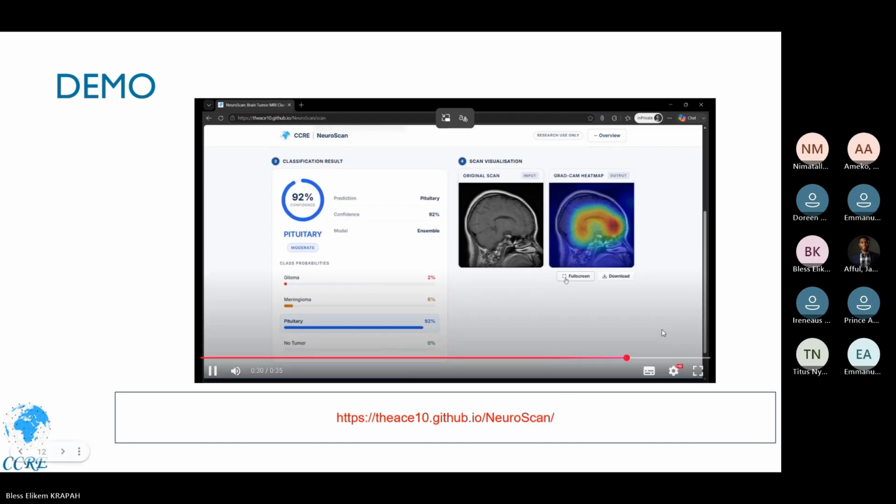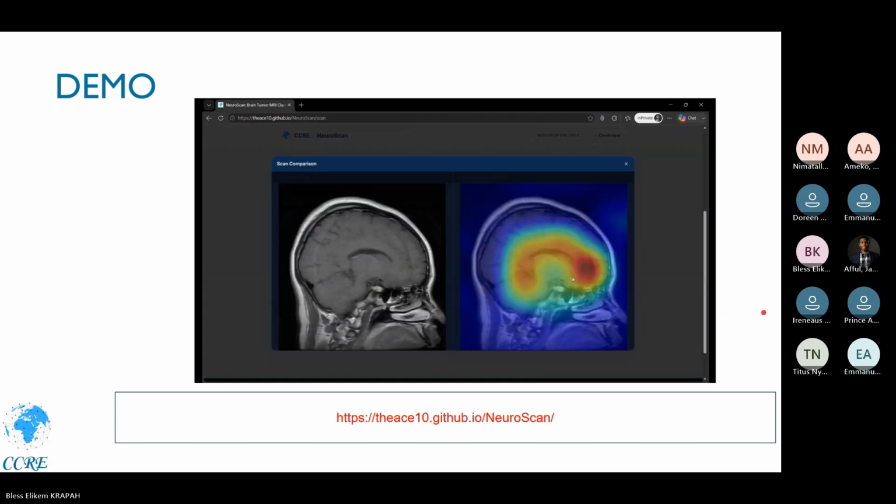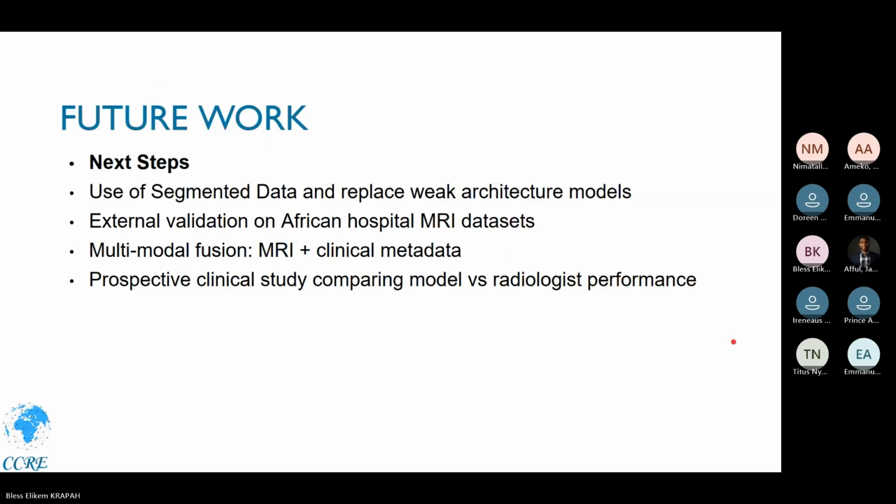Next slide. We spoke about a few limitations, but we aim to work on these in the next steps of this project. One of which is the use of segmented data, which in a real world situation, you'd have radiologists look at the scan data set and assess areas the model should actually pay attention to before we even do training.